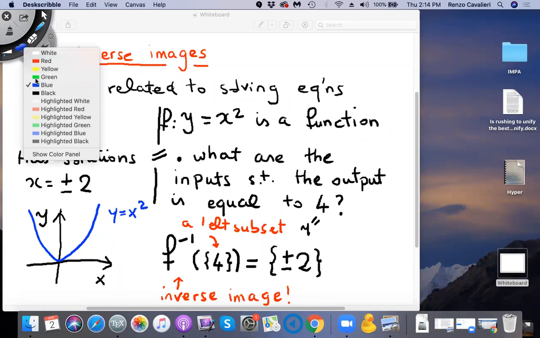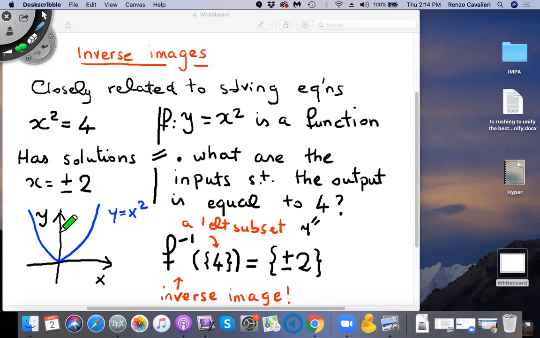The inverse function doesn't exist. Finding the inverse image of the element 4 consists in looking at what are the input values, what are the x points that y equals x squared assigns to the output 4.